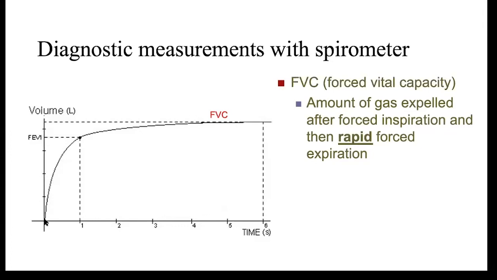So they've taken a deep breath, and now they're blowing into the spirometer. They continue to blow as rapid and hard as they can until all the air leaves the lungs. We can tell when all the air has left the lungs because the volume no longer continues to climb.